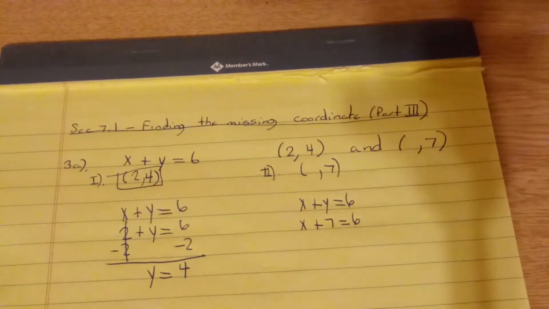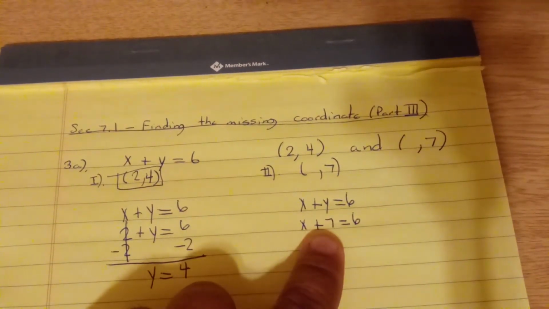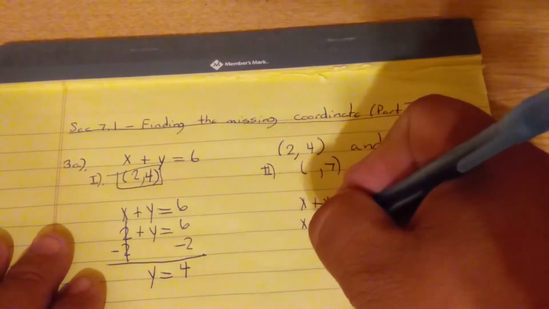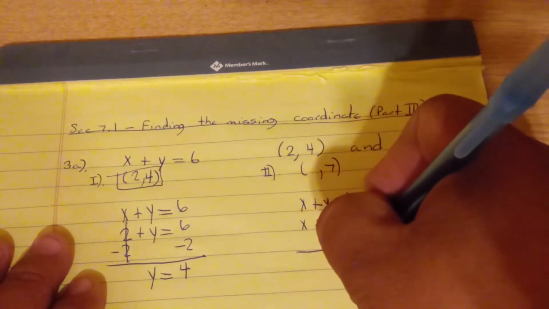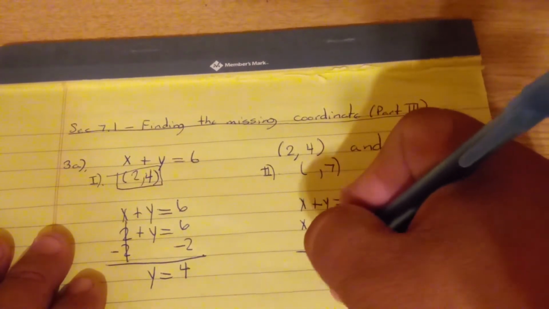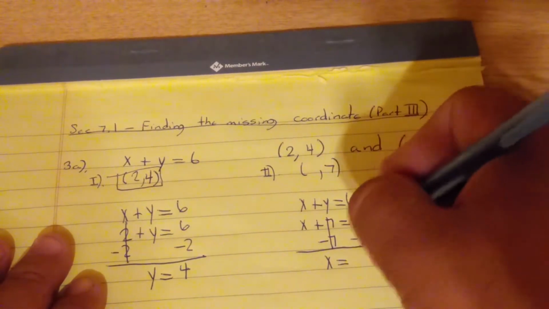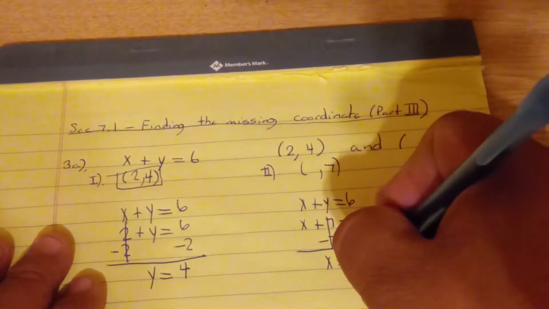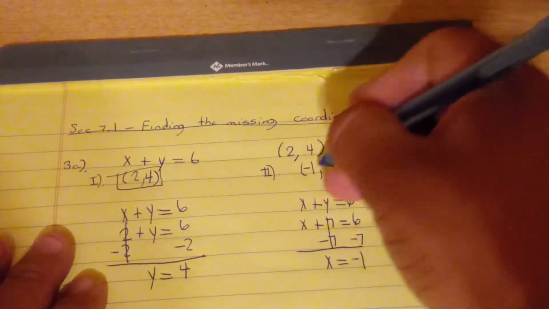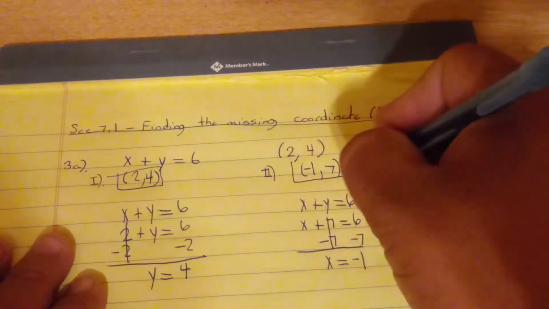Now to solve for x, once again, we need to get rid of the 7. So to get rid of the 7, we need to subtract 7 from both sides. So x equals 6 minus 7, negative 1. So your solution here will be negative 1 and 7.